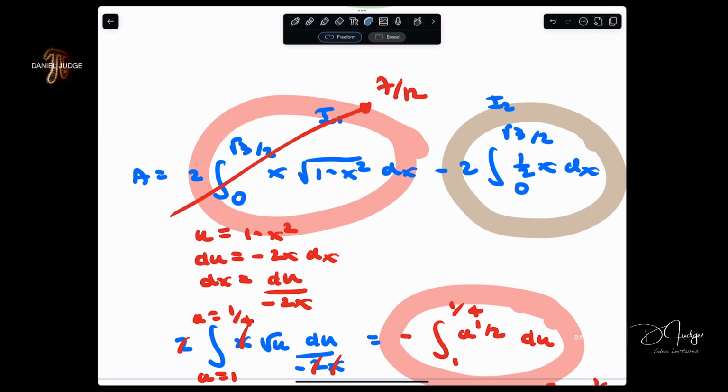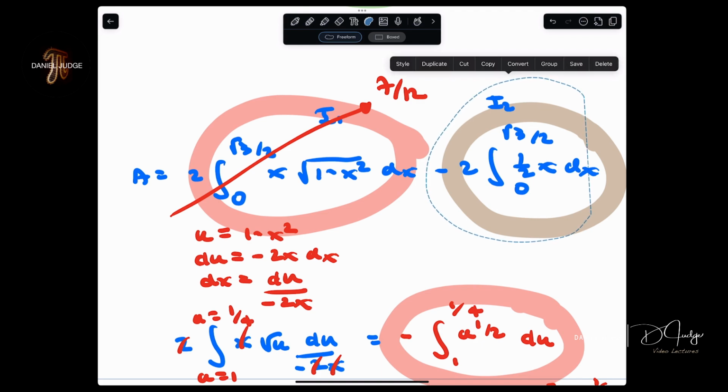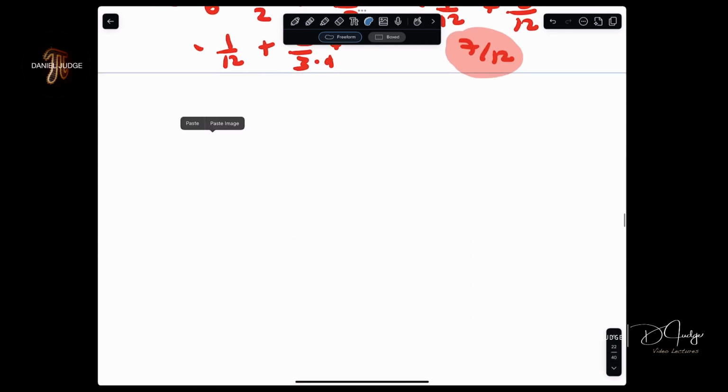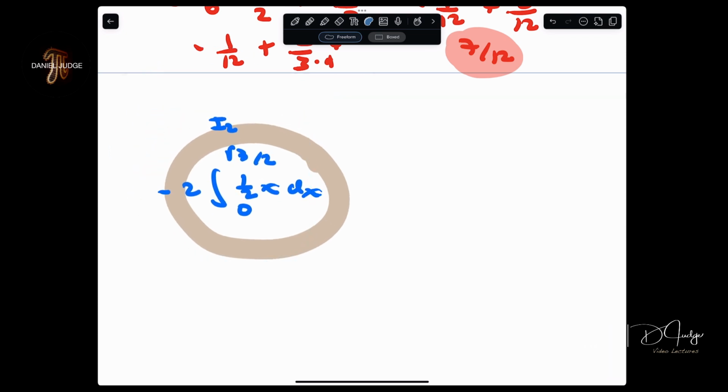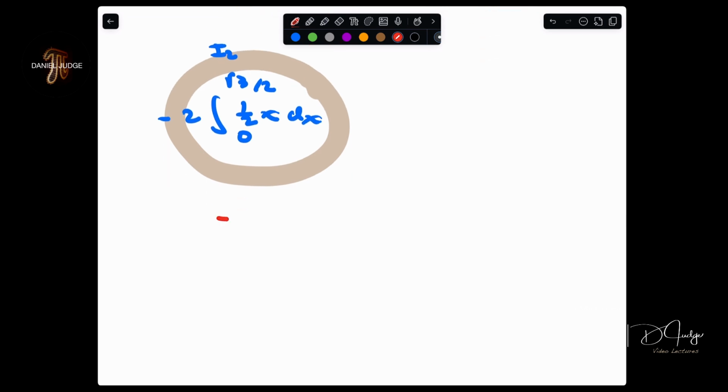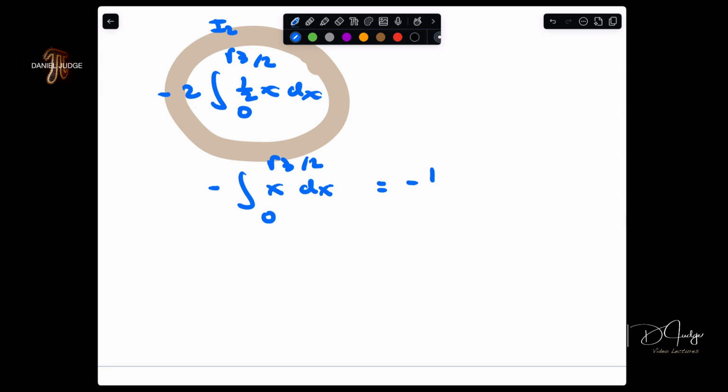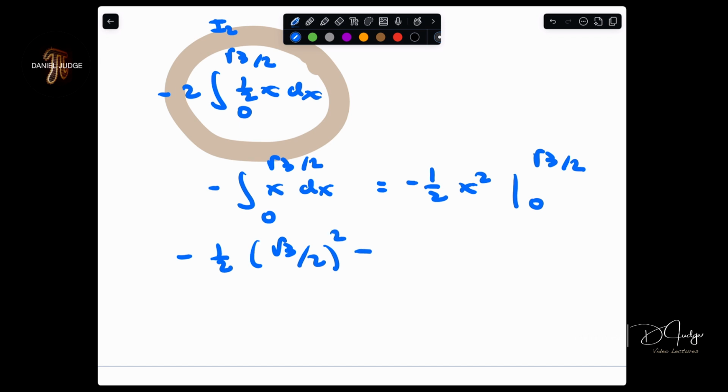Thankfully, the second integral is a lot easier. So this is minus again x dx from 0 to square root of 3 over 2. And so that'll equal the minus 1/2 x squared from 0 to square root of 3 over 2: minus 1/2 square root of 3 over 2 squared minus the negative 1/2 times 0 squared.